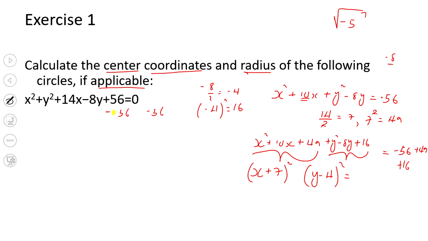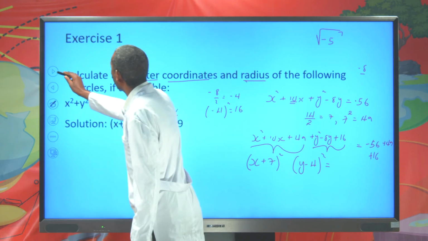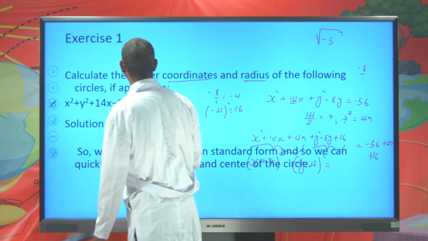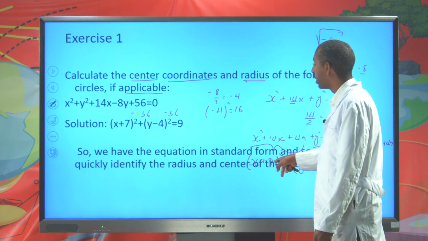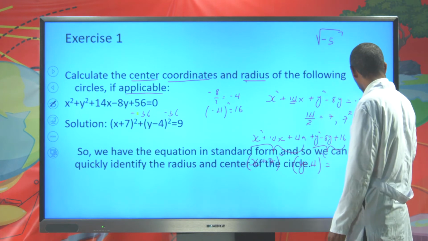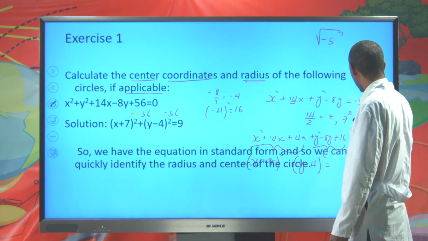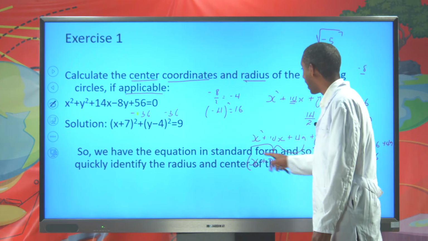Then that will give us the value of the radius. So let's try to see the solution together. So we already got (x + 7)² and (y - 4)². If you simplify -56 + 49 + 16, it gives you 9.